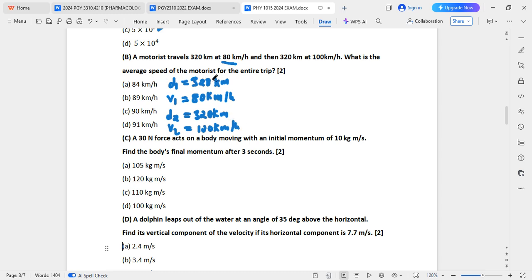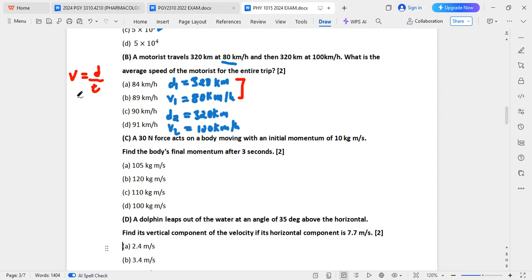So what is the average speed of the motorist for the entire trip? And how can we find average speed? You know that speed is distance over time. So v is going to be distance over time. So we first need to find the total time that was taken in this journey. Therefore, let's find t1, the time taken to cover the first distance.